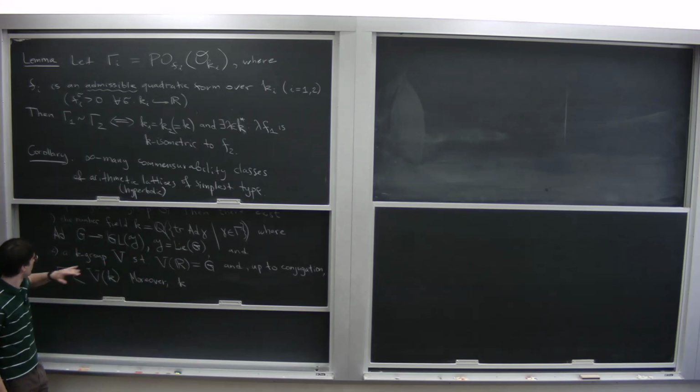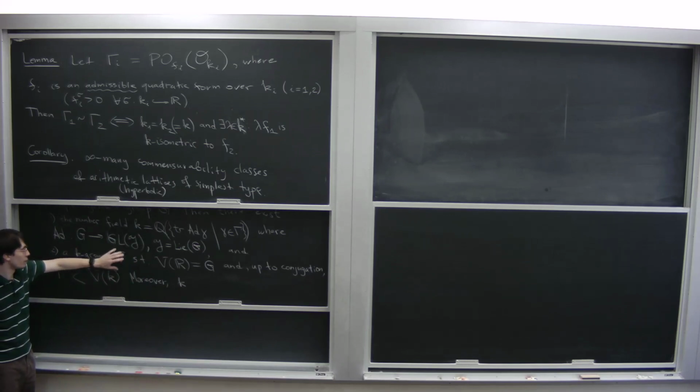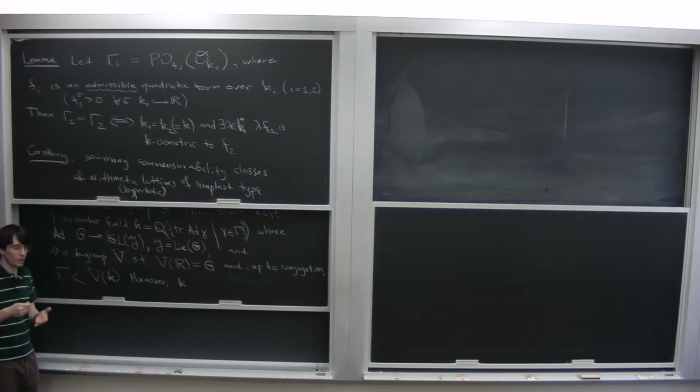There is a subtle thing with this group V: you can generally pass to one adjoint class of this algebraic group V. So if you assume that V is also adjoint, then there is a unique such group.